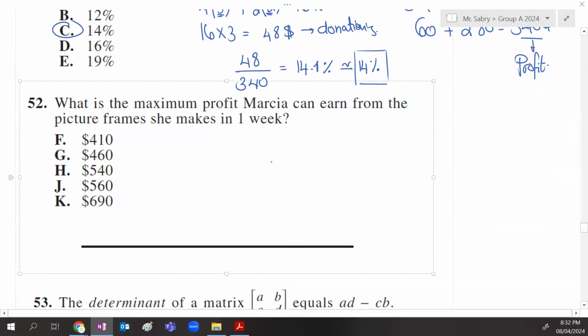What is the maximum profit Marcia can earn from the picture frames she makes in 1 week?